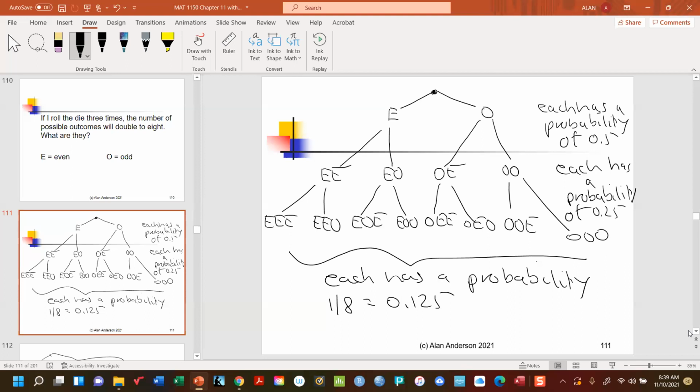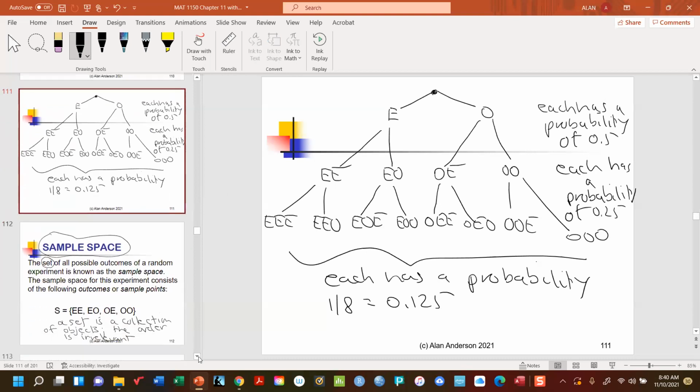By the way, as this is written, it should be clear that if there was a 4th roll, there would be 16 possible outcomes. The logic is that you're just doubling the number of outcomes every time you roll the dice, but only paying attention to evens and odds.